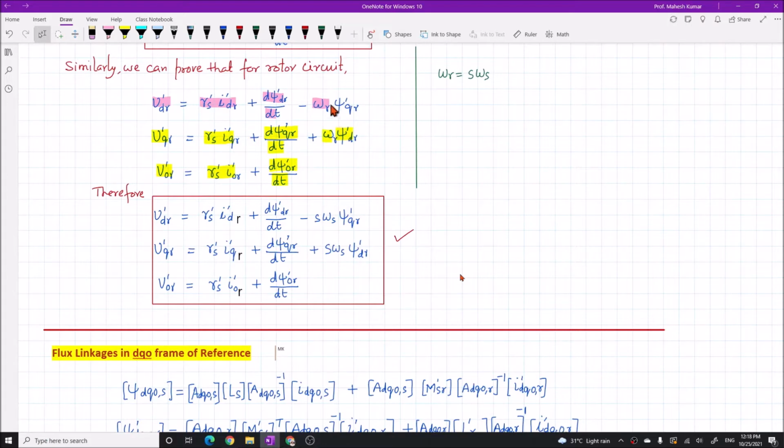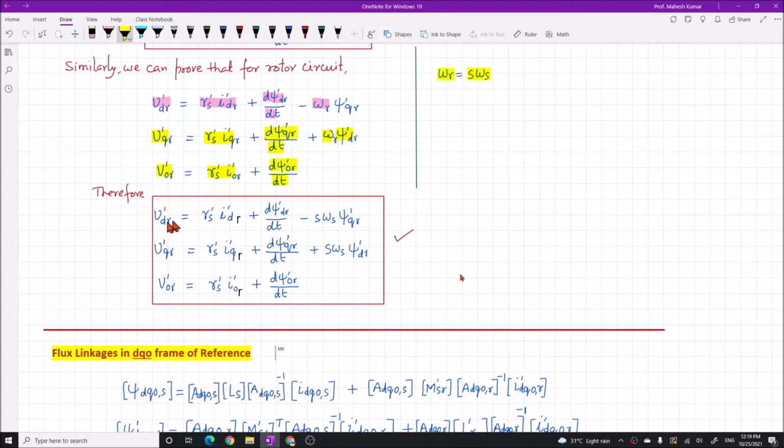We can also replace this omega r in terms of omega s. The value of omega r in terms of omega s is given by s into omega s equals omega r. So omega r and omega s are related through the slip of the machine.